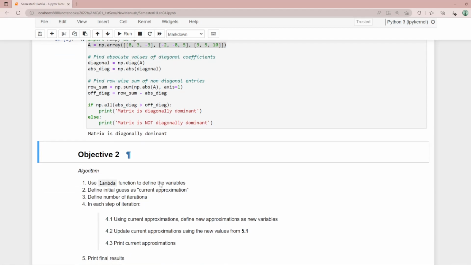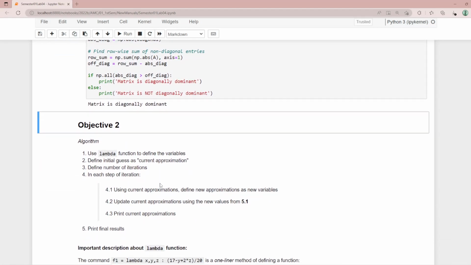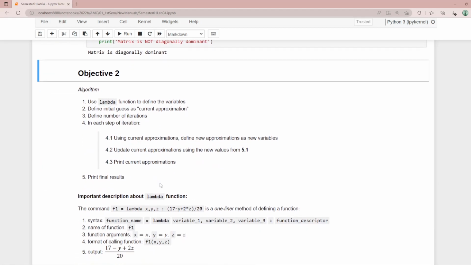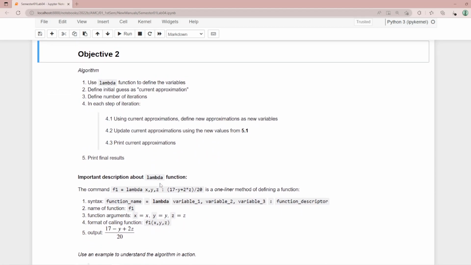Great. The objective 2 of this particular lab exercise is to find an algorithm to solve a linear system of equations in the diagonal dominant form using the Gauss Seidel method. So here we have introduced a new function syntax called the lambda function, which is inbuilt in Python.